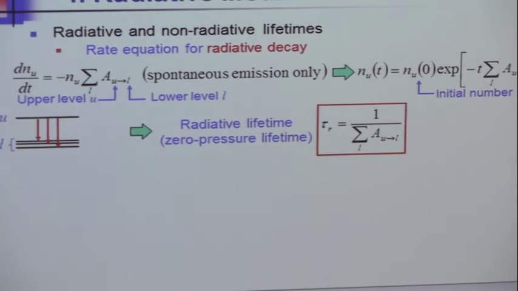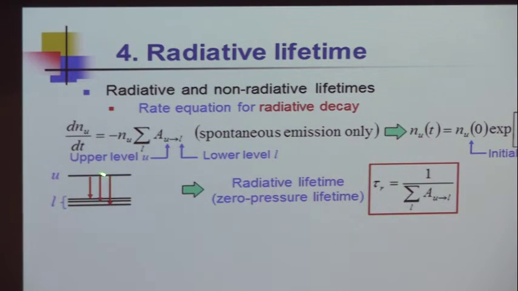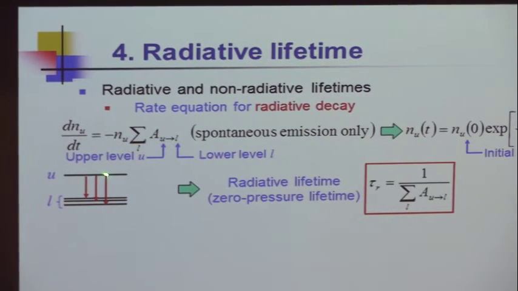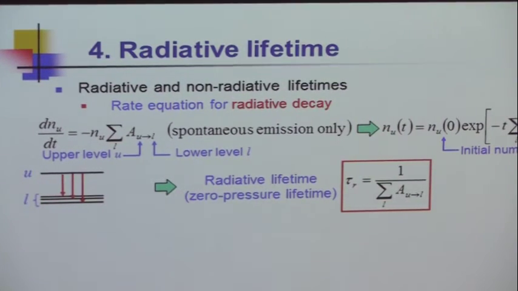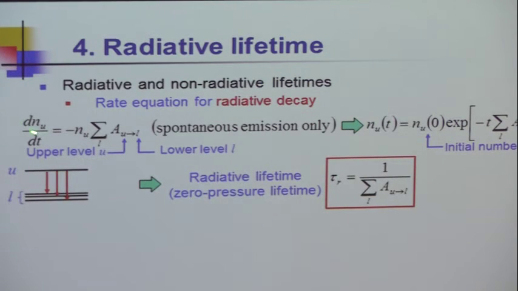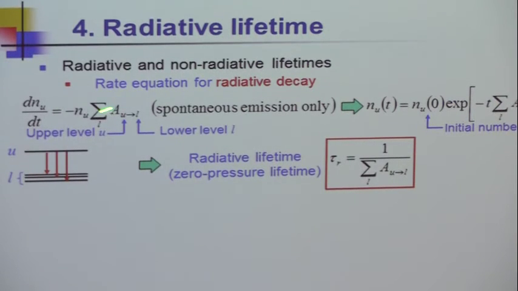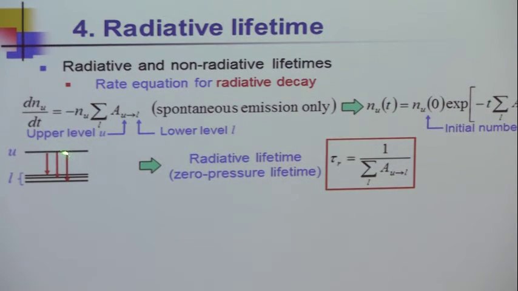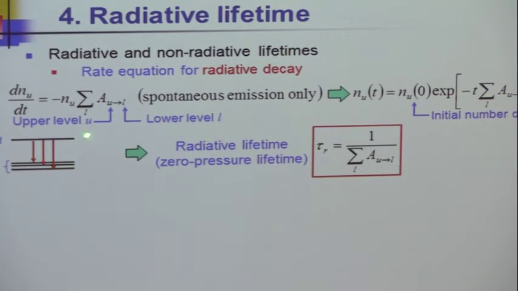Okay, radiative lifetime. If you have a molecule or an atom in an upper state, and it can decay by radiative processes, that would be the spontaneous emission. There are no collisions here now. I can write a differential equation for the rate of change of the population, or rate of decay. So I put some atoms up here and I watch how fast they decay. The rate of decay would be given by the differential equation, but I have to sum over all the possible radiative paths, all of the A_ULs.